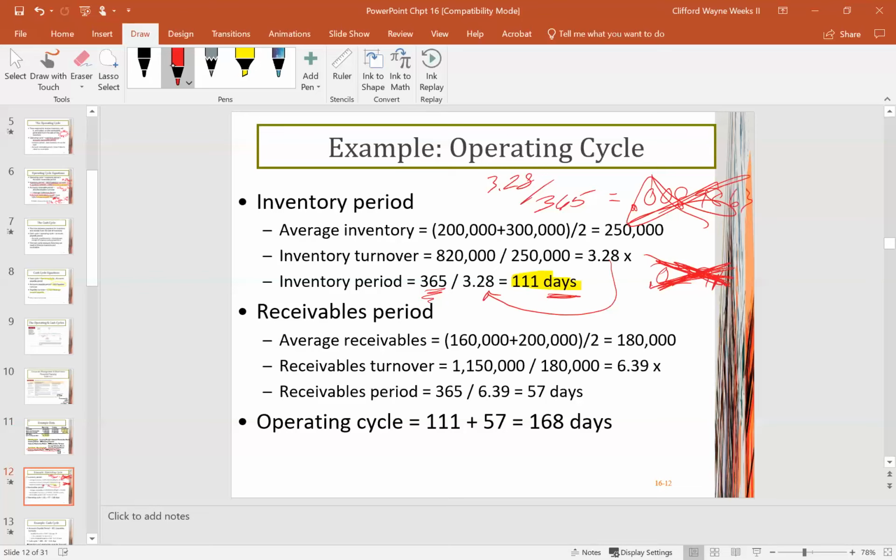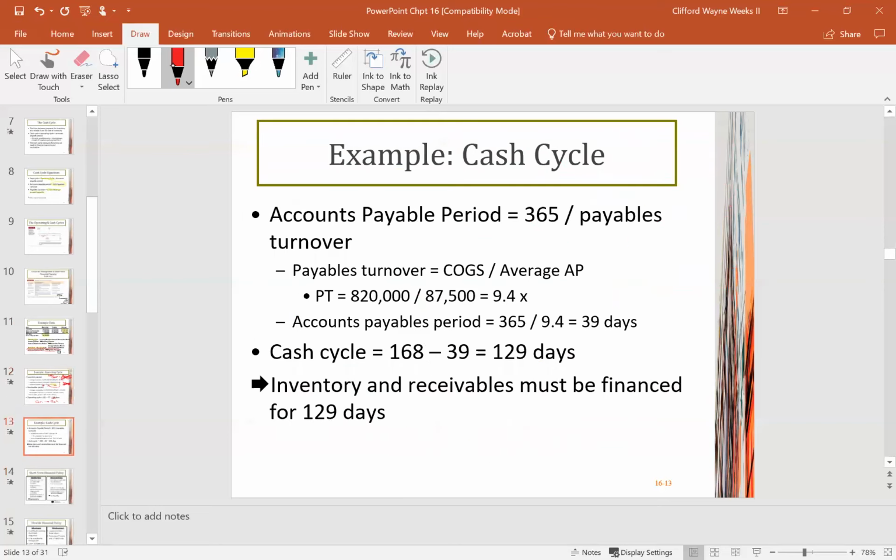So we did the inventory, we do the accounts receivable, and so we can say that our operating cycle to go from cash to cash is 168 days. Then we identify the accounts payable turnover.